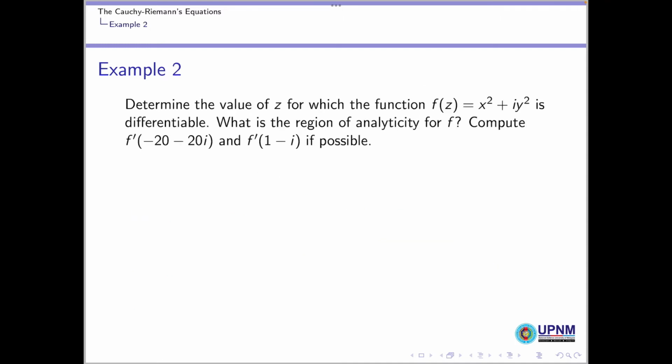Here in example number 2, we have a function f(z) equals x squared plus i y squared, and we have to determine whether this function is differentiable and what is the region of analyticity for f, and to compute f prime of negative 20 minus 20i and f prime of 1 minus i if possible.